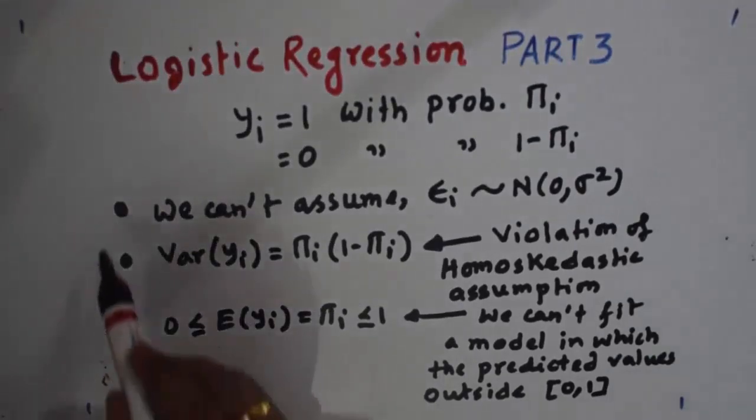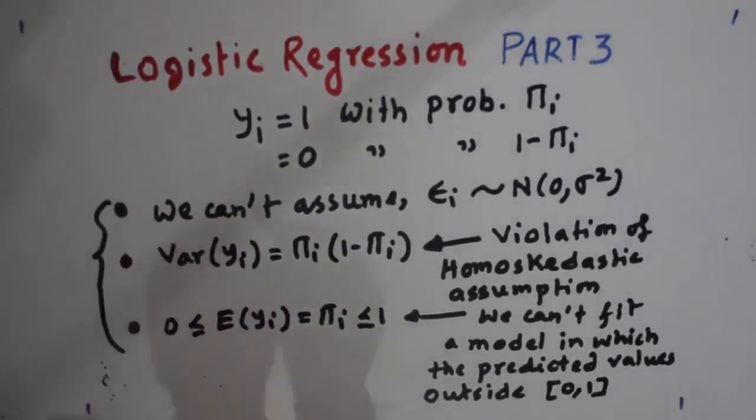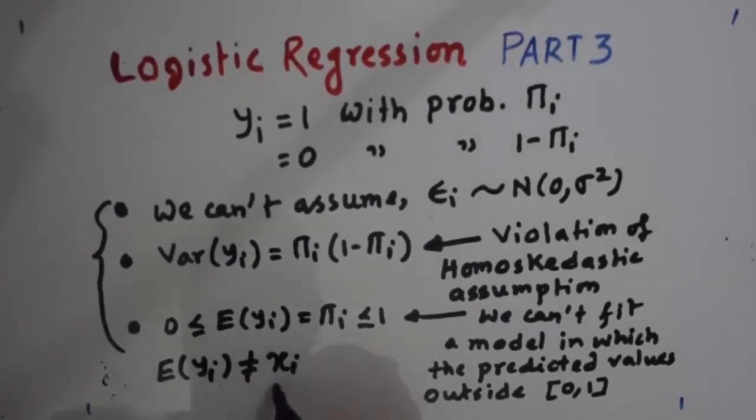So these three things we observed. So expectation of yi is not equal to xi curl prime beta curl. Why?